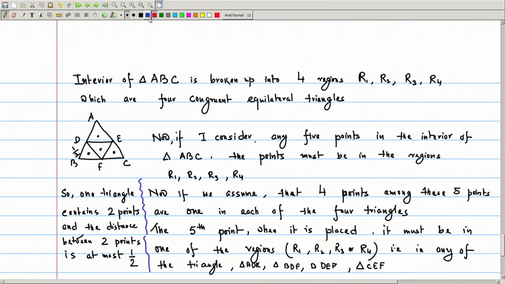So, we prove that there are always 2 points in the interior of equilateral triangle ABC whose distance is at most half.